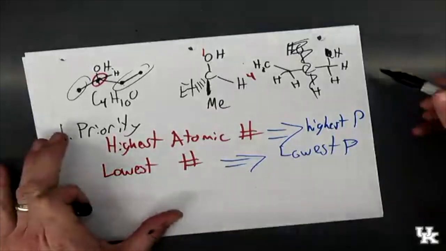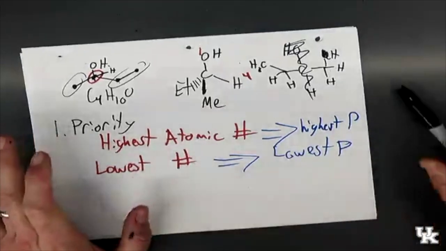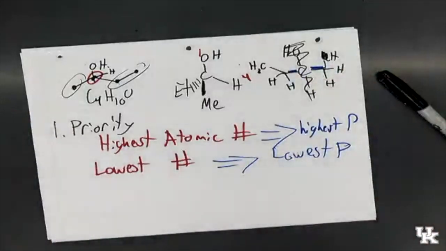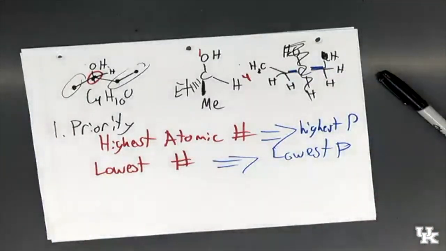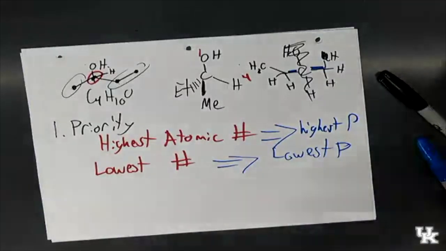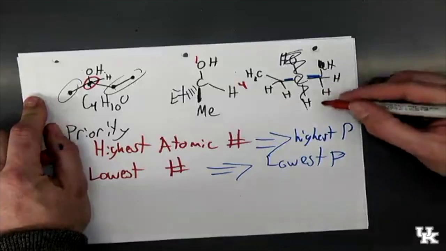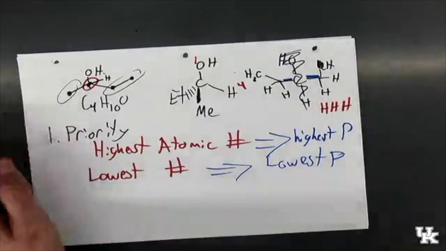Now, if you look at these carbons, each carbon is bound to the middle one. So these cancel out, right? But there are 3 other bonds, and that's what we use to figure out what has the highest priority. Because one carbon, this guy, has 3 H's that it's bound to.